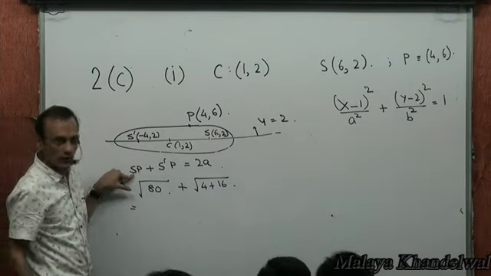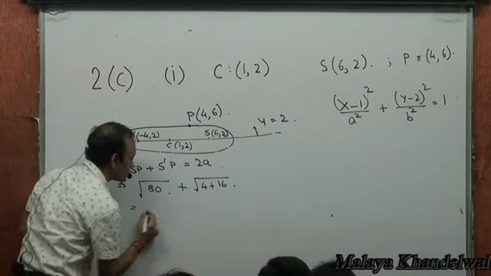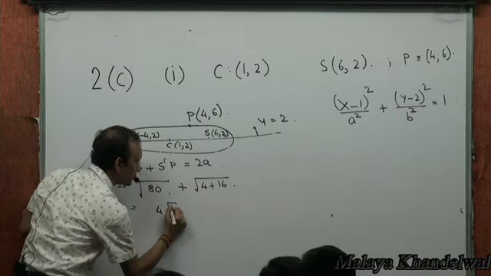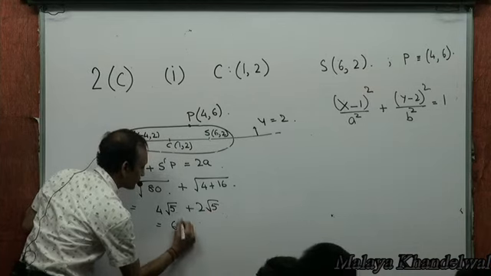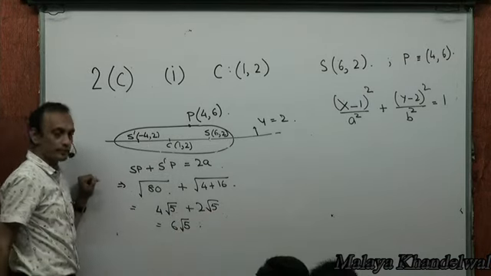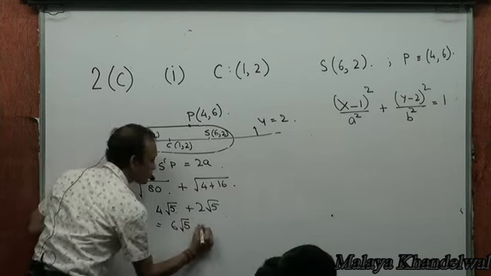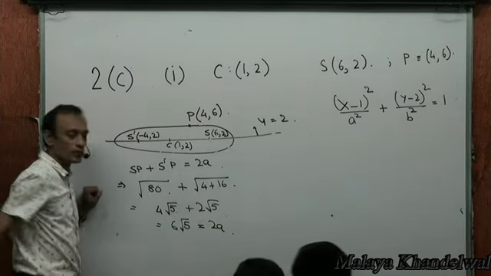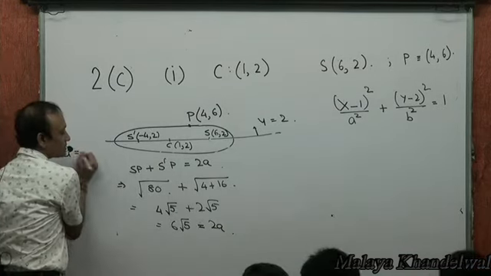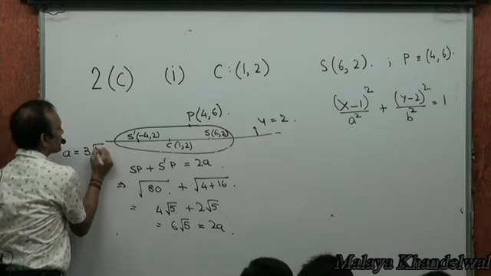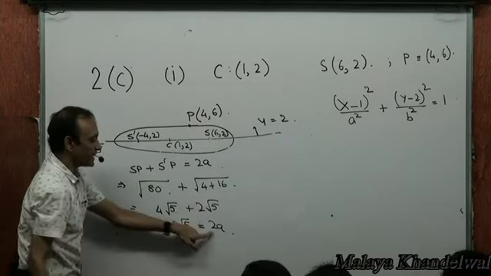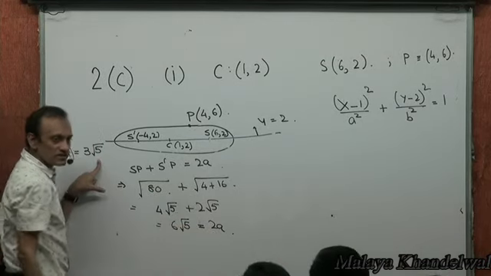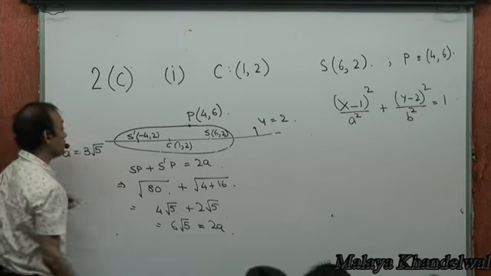Root 80 plus root 20, isn't it? Which is 4 root 5 plus 2 root 5, which is 6 root 5. Is 2a, isn't it? SP plus S prime P is 2a. So a then is 3 root 5. S prime P plus SP, distance formula. I get that as 2a. So a is 3 root 5.